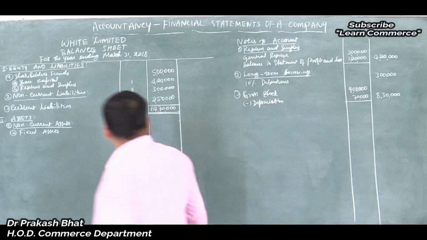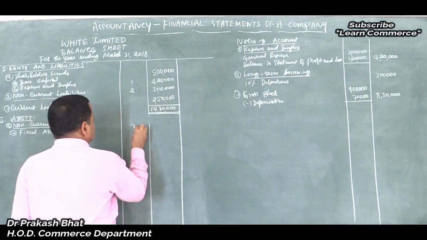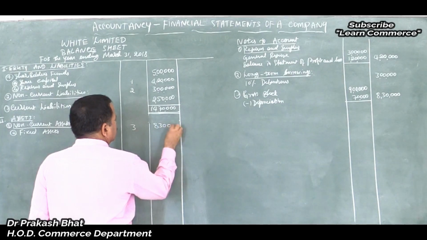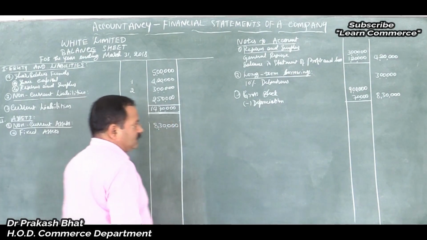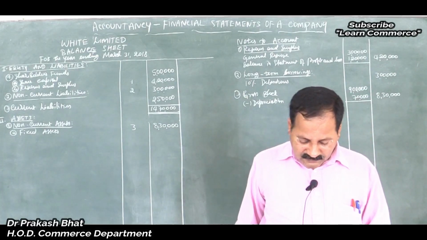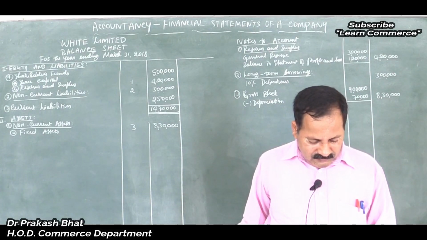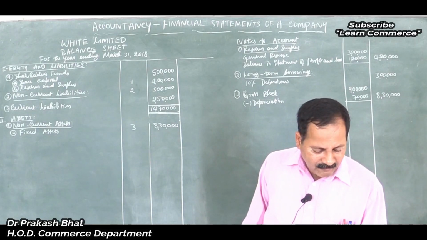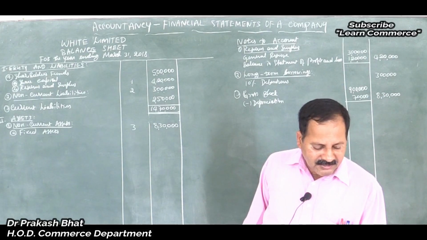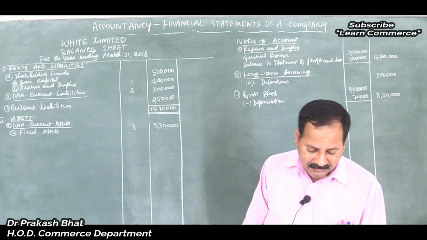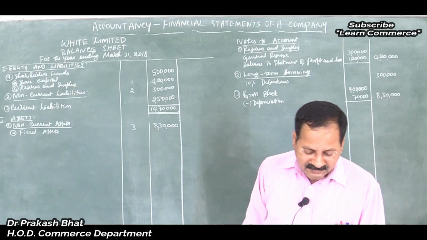Right here, fixed assets 8,30,000. Note number 3. Right? Yes. Then anything else? Intangible assets are not there. Then intangible assets under development are not there. Non-current investments, no non-current investments.